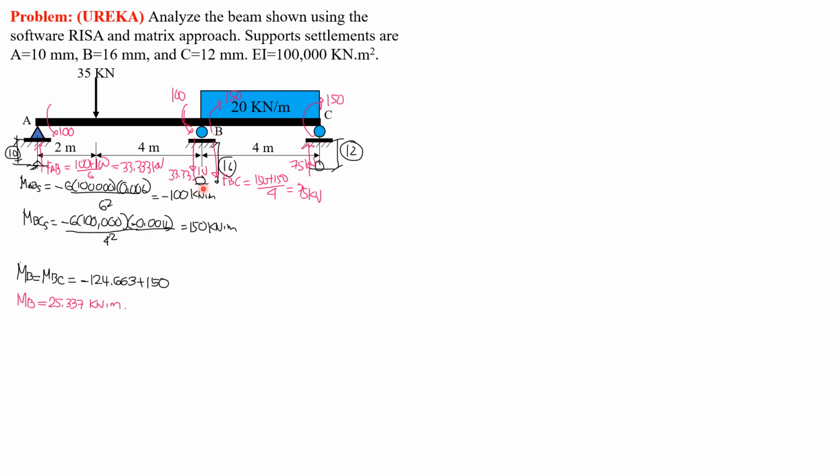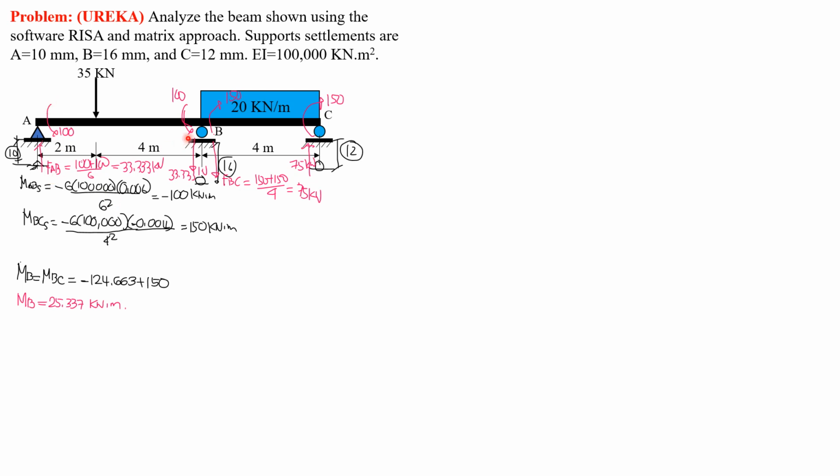Then for 150 kilonewton meter clockwise, as shown, remember that the nodal load should be opposite to these fixed end forces or fixed end moments. But before that, due to the fixed end moments, we compute this fixed end force FAB due to the effect of this moment of 100.